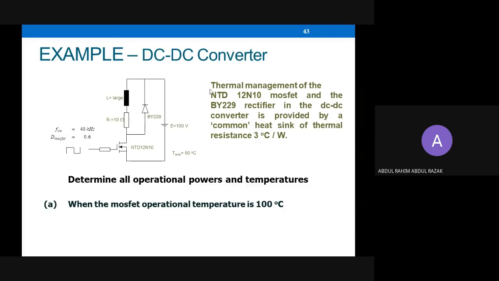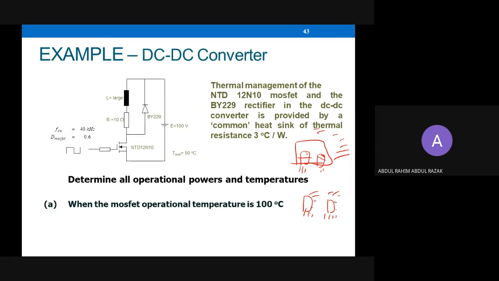Common means that we attach all the switches to one heatsink. One heatsink occupies all the switches. We have switch number 1 and switch number 2 attached to the single heatsink. An individual heatsink would be like this, meaning each switch has its own heatsink.